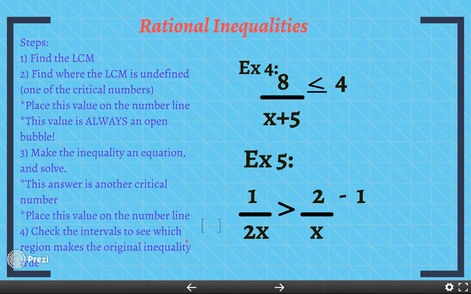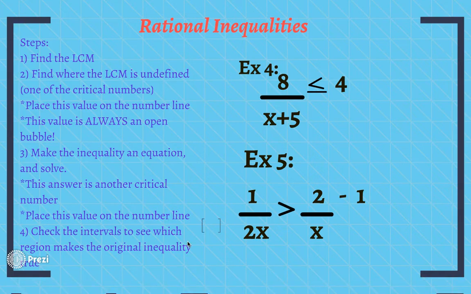Now, since we are dealing with inequalities and number lines, we need to think way back to when we did absolute value equations and inequalities. We need to think back to what kind of answers we get when we have inequalities. So, what do our answers look like on a number line? You guys are so smart.